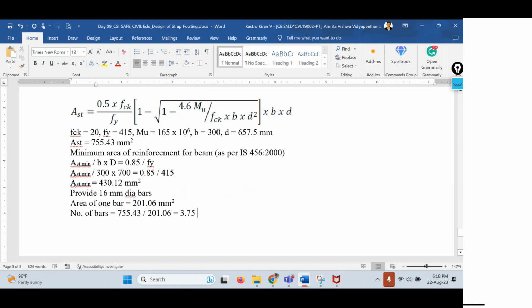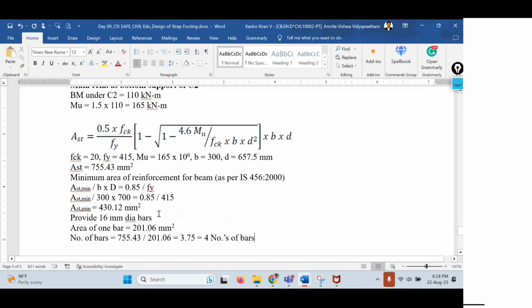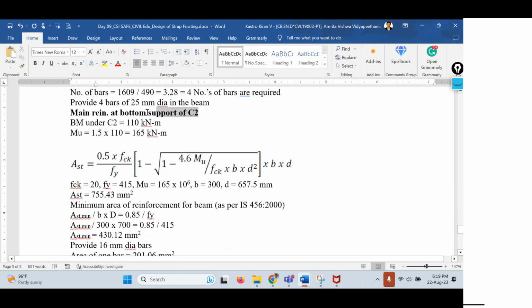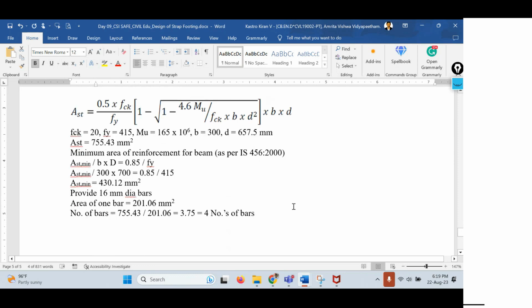Since we cannot provide 3.75, we provide 4 bars. So that's how we design the number of bars required at bottom support of column 2. Similar diameter and number of bars we are going to provide under column 1 as well.